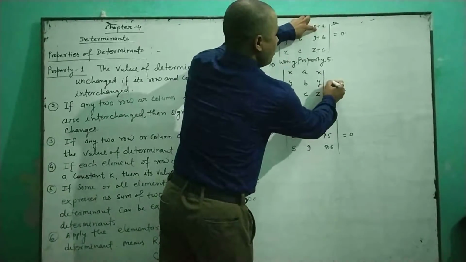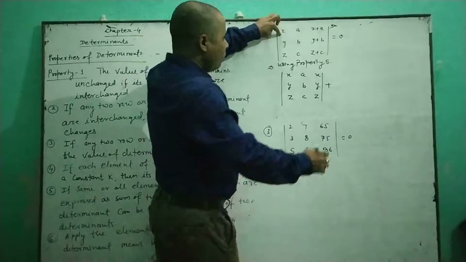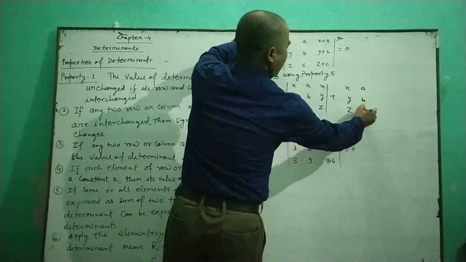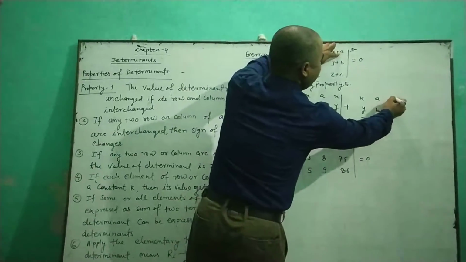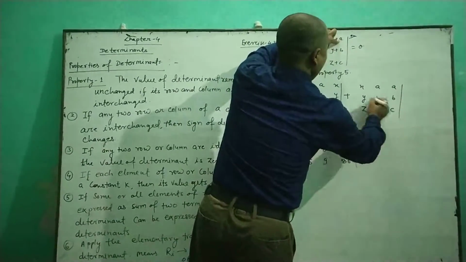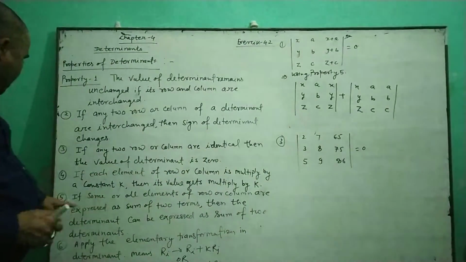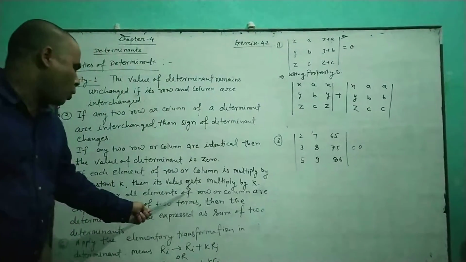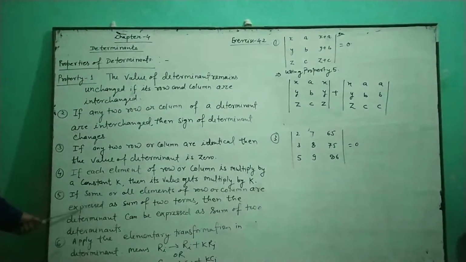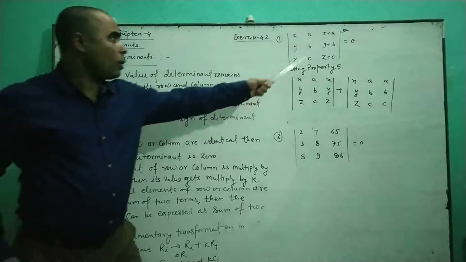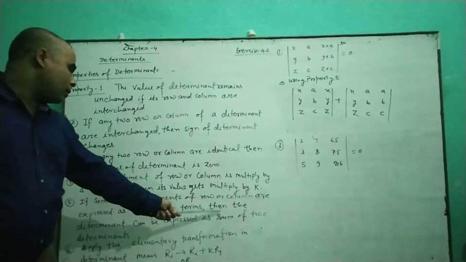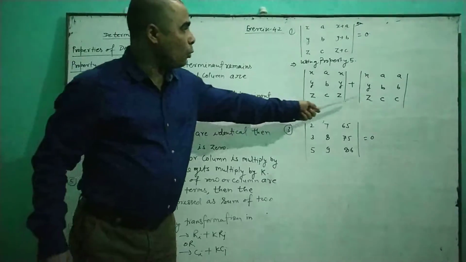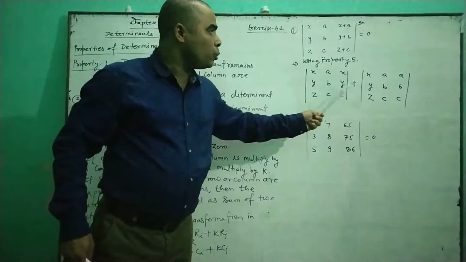After that plus sign, and again we write x, y, z; a, b, c; and second element of this one a, b, c. It means the determinant is expressed as the sum of two determinants.